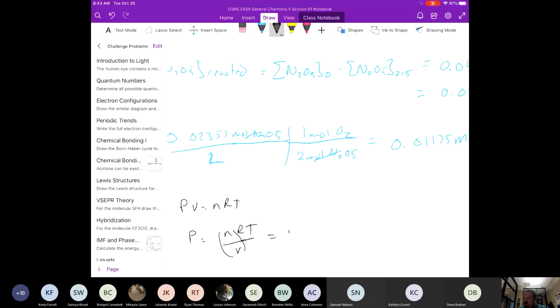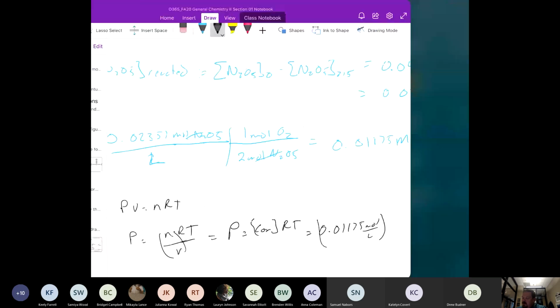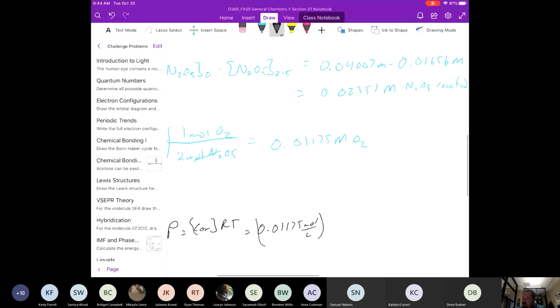So P is equal to the concentration times RT, which is 0.01175 moles per liter times our gas constant, 0.08206 liter atmosphere per Kelvin mole.